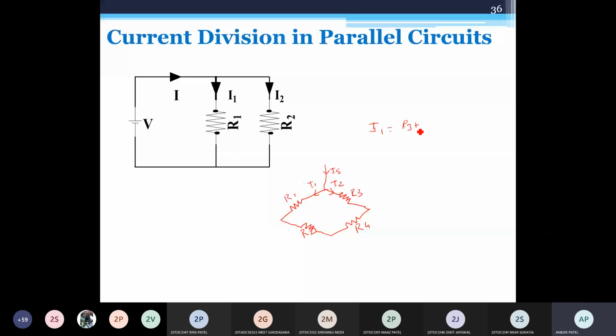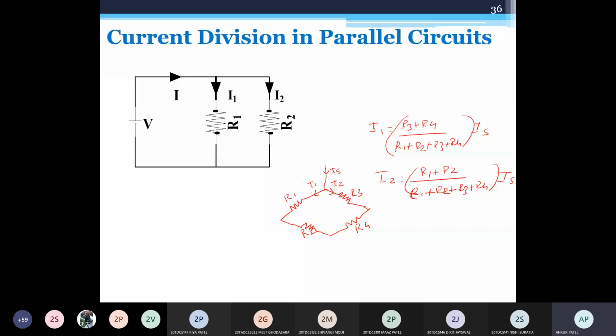I2 is equal to R1 plus R2 divided by R1 plus R2 plus R3 plus R4, into IS. So this is your current divider.